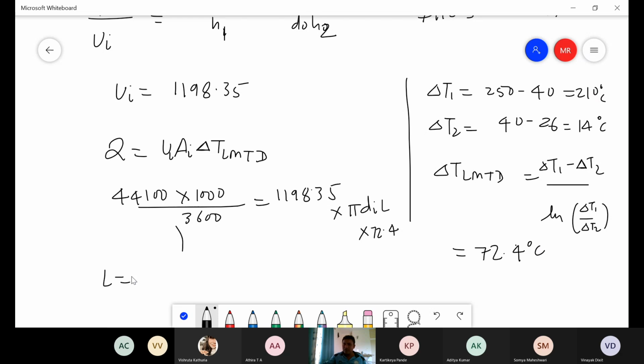So we can calculate L here. DI, in this case, is going to be 0.0135. Okay.